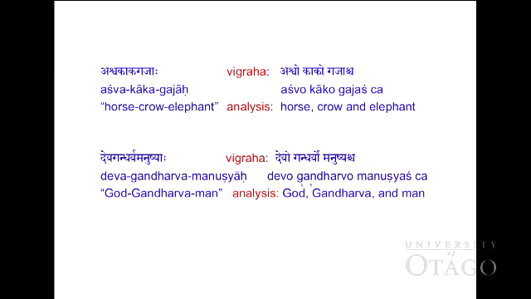Sandhi to Devo, Gandharvo, Manushyascha. God, Gandharva, and man. Have you noticed that even though there is one god, one Gandharva, one man, we have to decline with the plural because in total it is three? One Deva, one Gandharva, and one man.